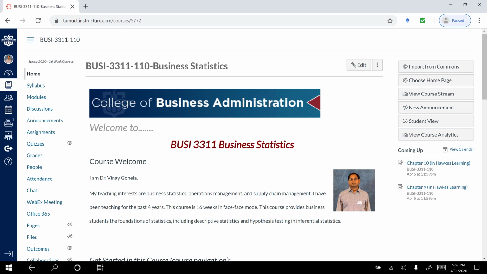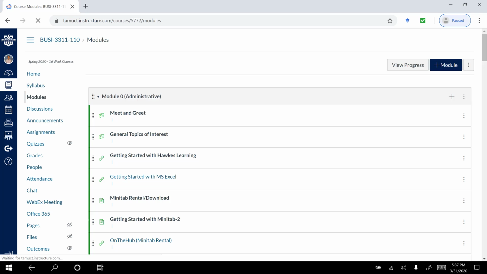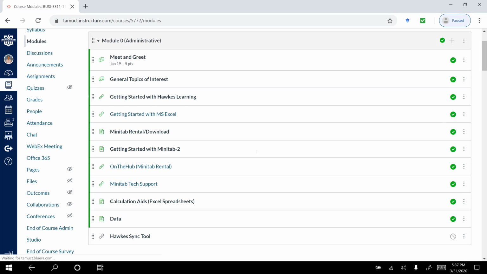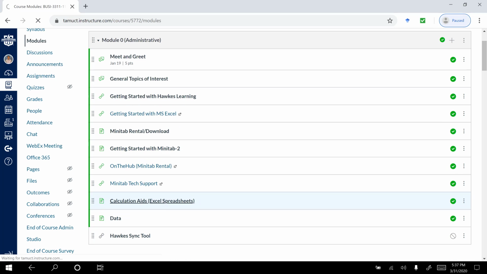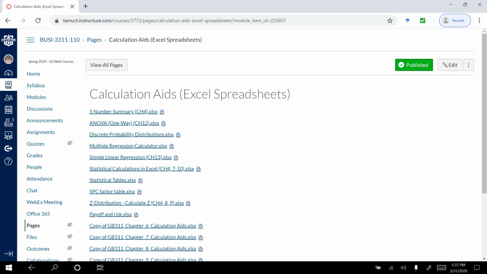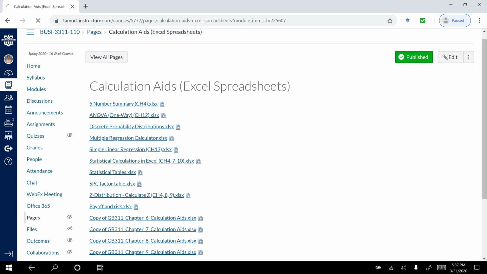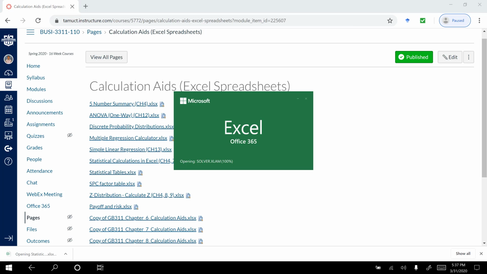So I will go to our Canvas page, go to modules, go to module 0, look for calculation aids, and then download statistical tables and open this.